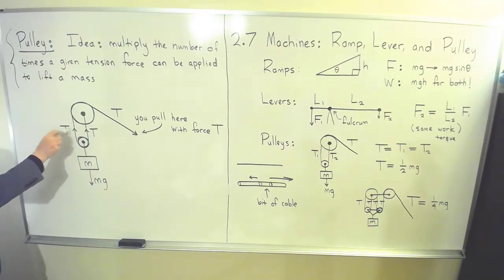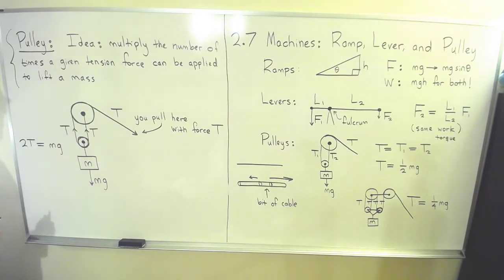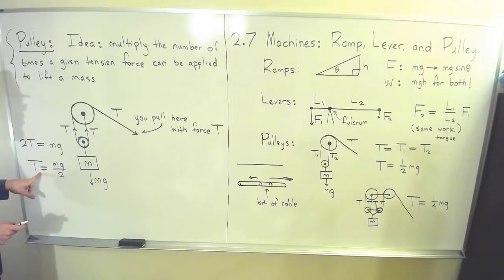So I need 2 times the tension to equal mg. Now I can divide both sides by 2, and I can say, well, then the tension is just mg over 2.